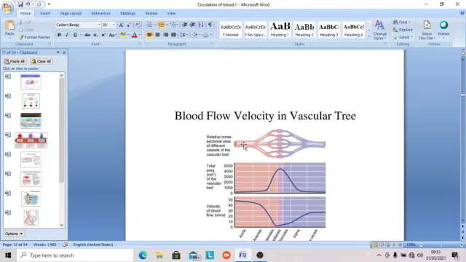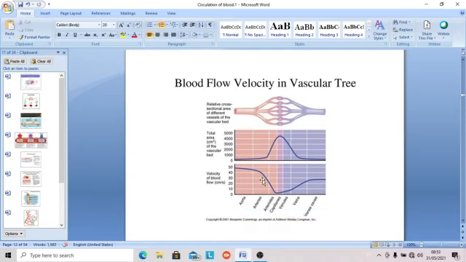This is aorta and arteries. This area somewhat increases in the small arteries and arterioles. But in capillaries there is a huge area, because the capillaries number in crores and billions. So the area suddenly increases.